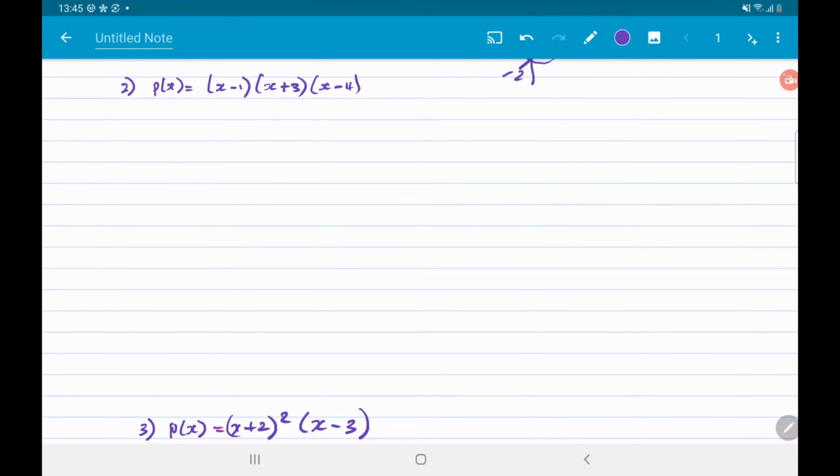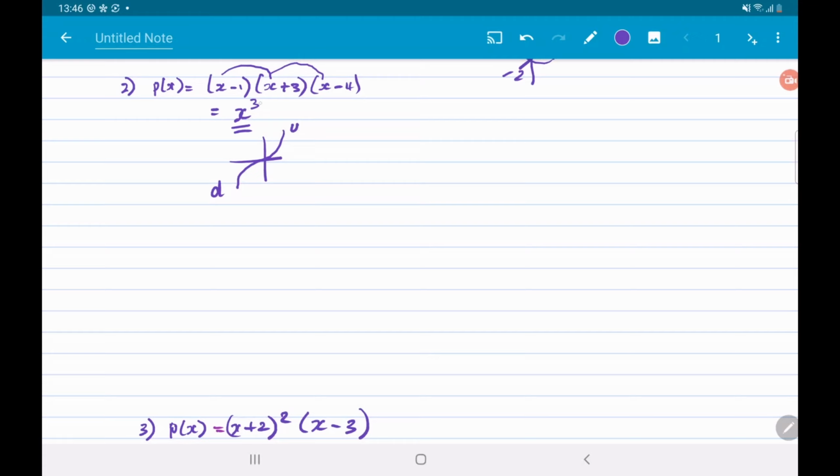Now, second example, we have a cubic polynomial. If we were going to expand this polynomial, x times x times x, our first term would be x cubed. So this will give you the family of x cubed. The x cubed graph looks basically like that. So it's down, up.